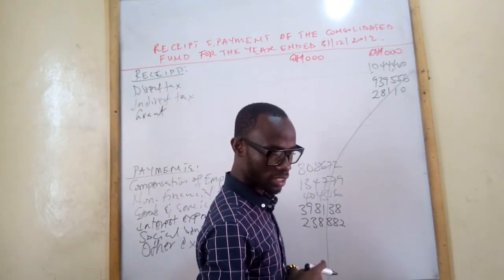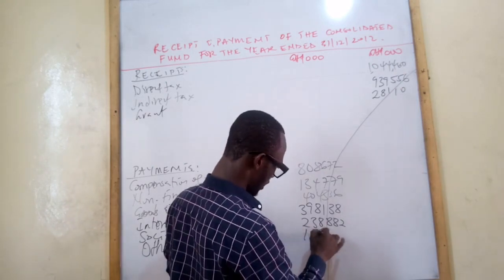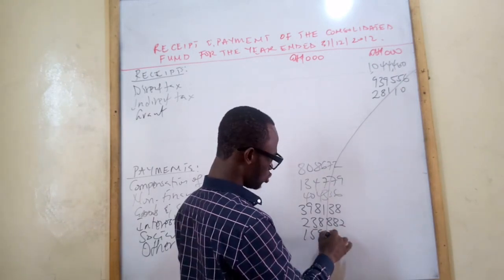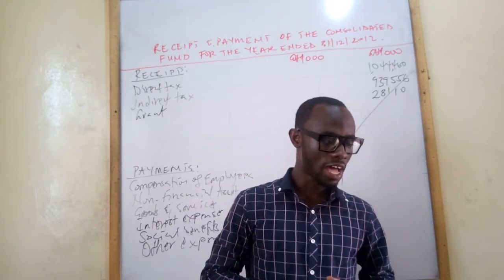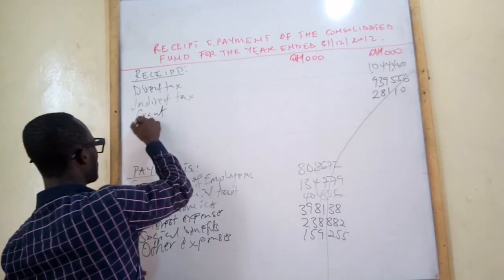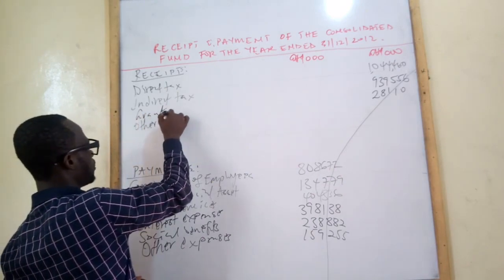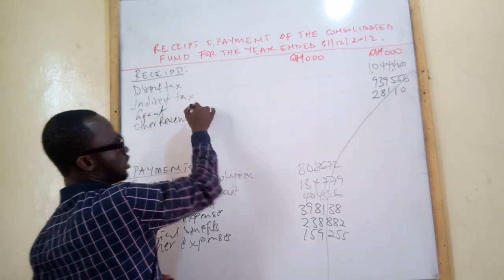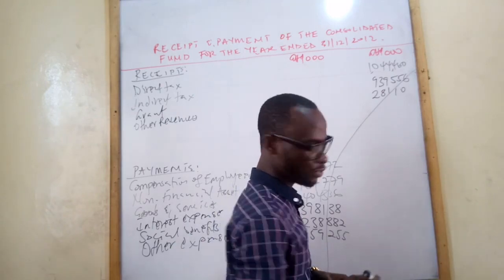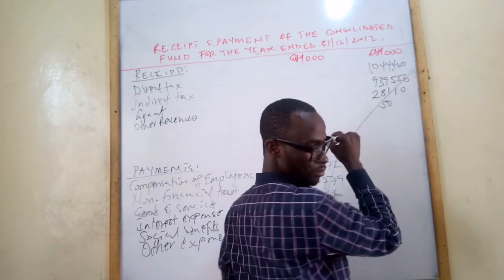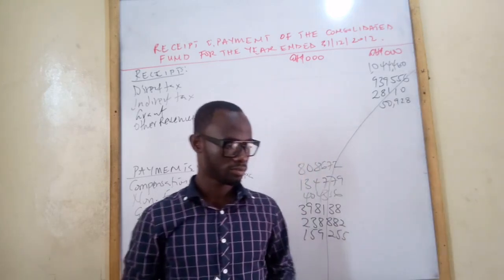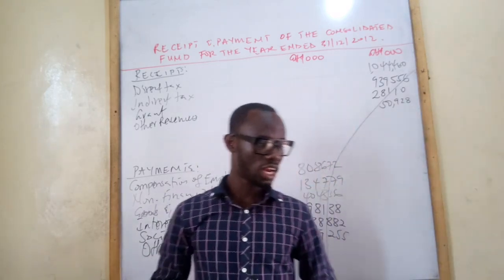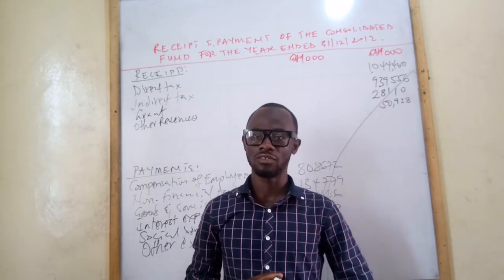So other expenses is 159,255. Then we have other revenue. So other revenue will also come here. So other revenue is there as 50,928.